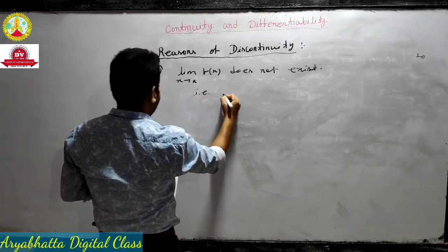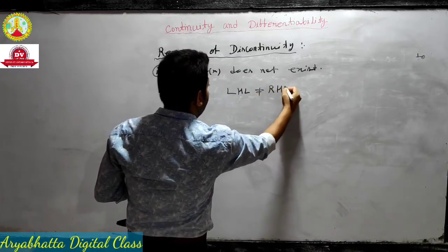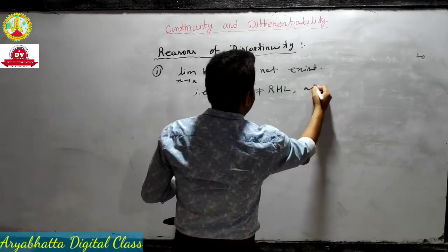That is, left hand limit is not equal to right hand limit at x equal to a.